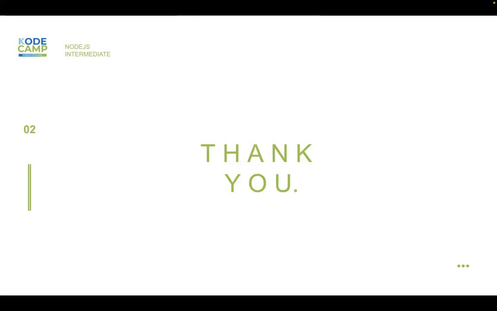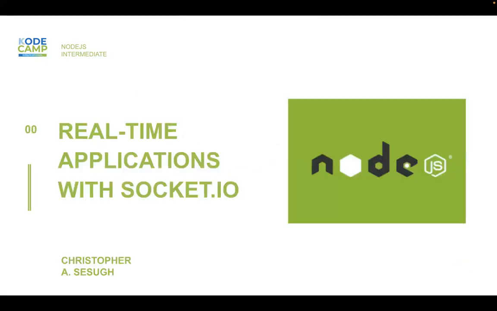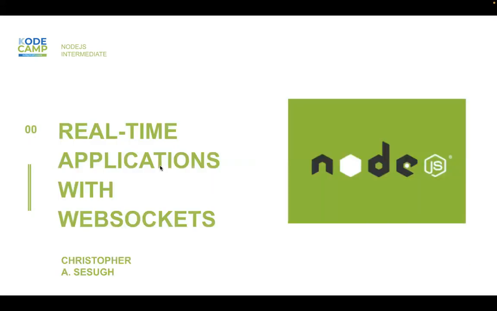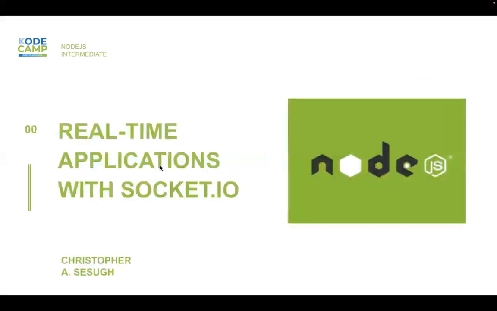Then in our next class, we'll see how to build a real-time chat application with Socket.io, and how we can simplify the complexity of WebSocket with Socket.io. And then with Socket.io, you can build applications. Socket.io actually utilizes WebSocket under the hood, and you can use it to build production-ready applications.